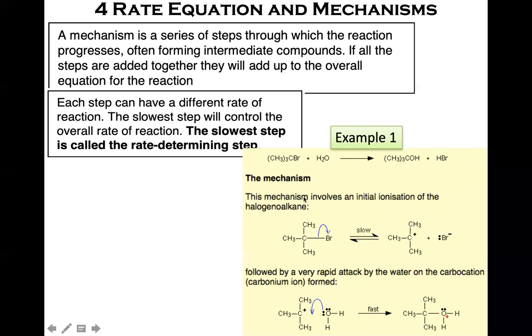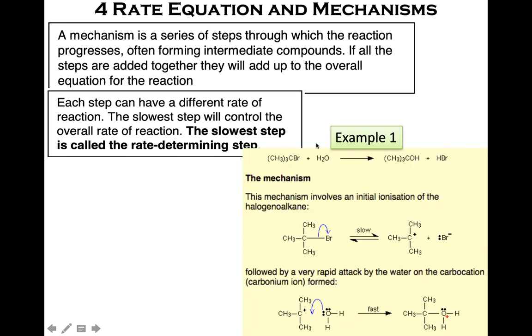So if you add step 1 and step 2, you get the overall equation. That is how you break down the overall equation into mechanisms, or add up the steps. Each step, each stage in the mechanism, can have a different rate of reaction.